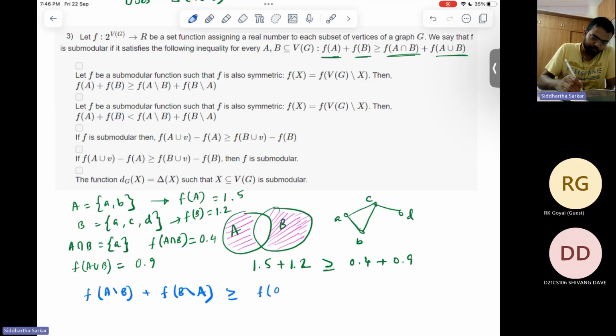It is f of phi, and f of the union. The union of these two will be f of A union B minus A intersection B.